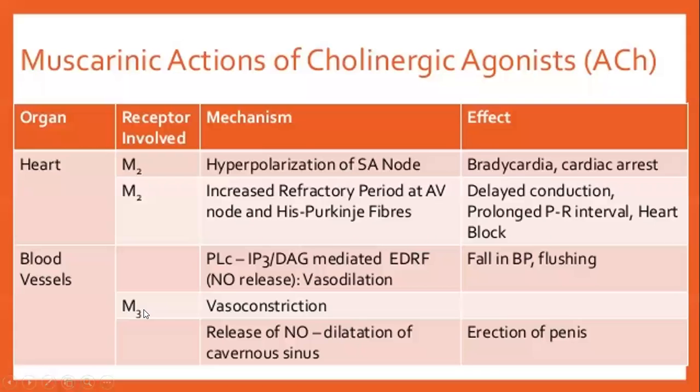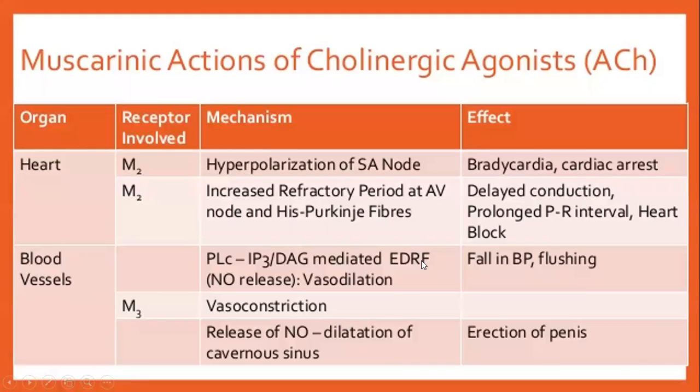M3 receptors act through activation of the enzyme phospholipase C. PLC means phospholipase C. This pathway increases the production of two secondary messengers, IP3 and DAG. Then what will happen? Acetylcholine acting on the endothelial cell increases the release of one relaxing factor, the endothelial relaxing factor.